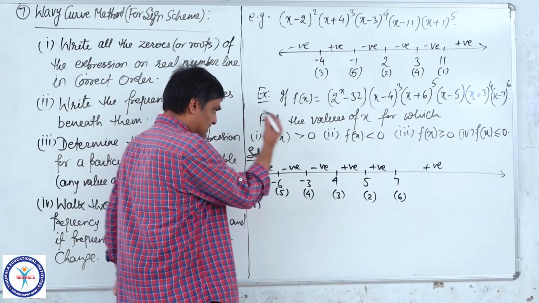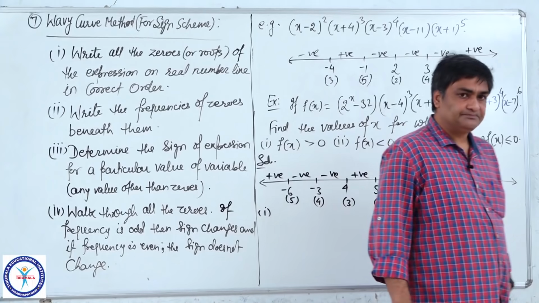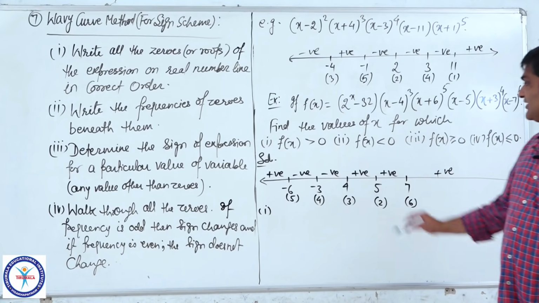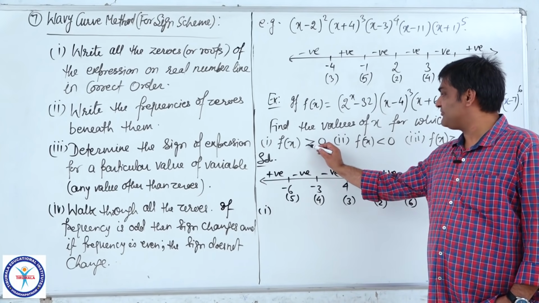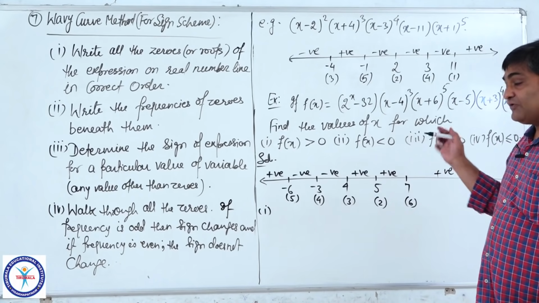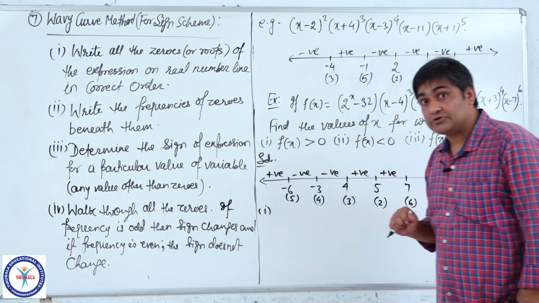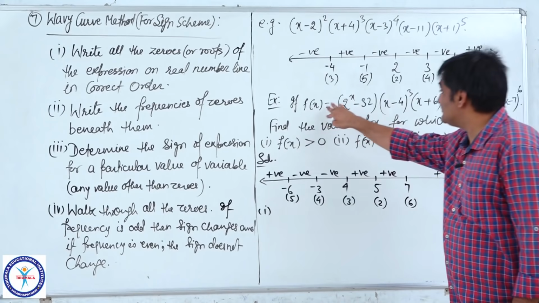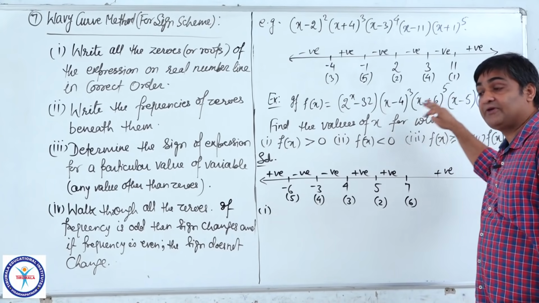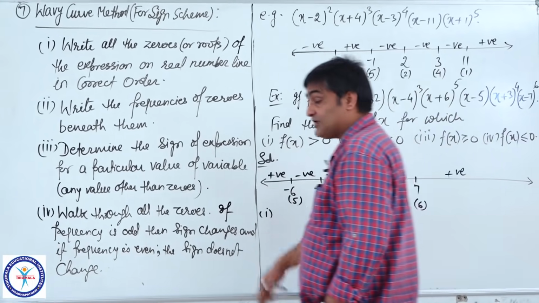Now we can directly write the answers. f of x greater than 0 means positive. So we have to write those values of x for which this expression f of x is having positive values.